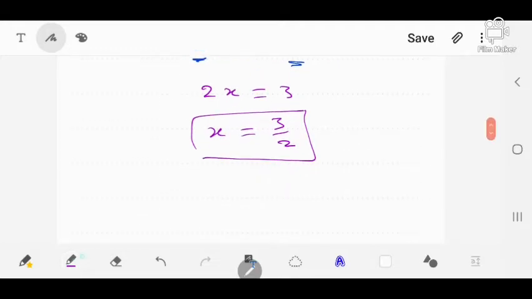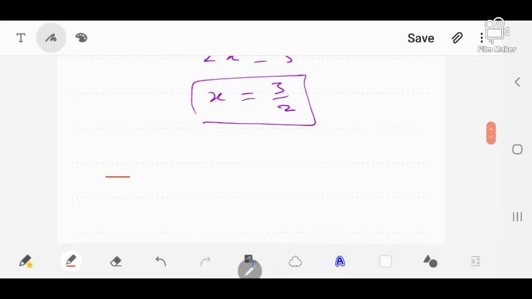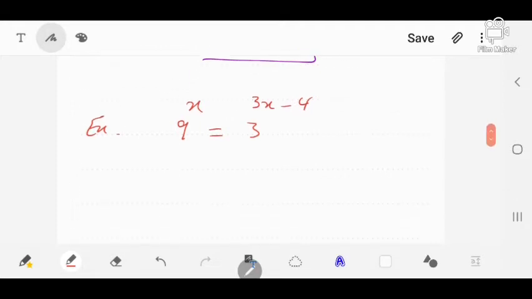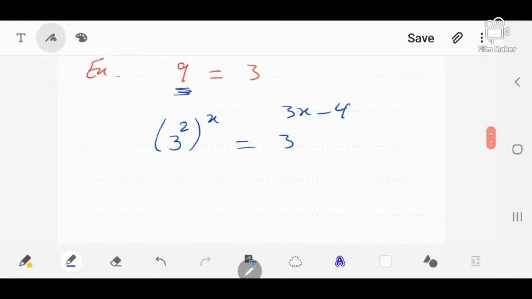What about, let's say, this one? 9 to the power of x equals 3 to the power of 3x minus 4. Is it the same? Yes, actually. 9 can be written as 3 squared. So this will be 3 to the power of 2 all to the power of x equal 3 to the power of 3x minus 4. Now 3 to the power of 2 to the power of x, this means 3 to the power of 2x equals 3 to the power of 3x minus 4.